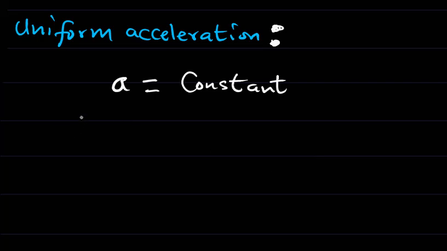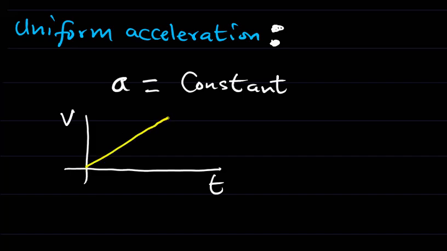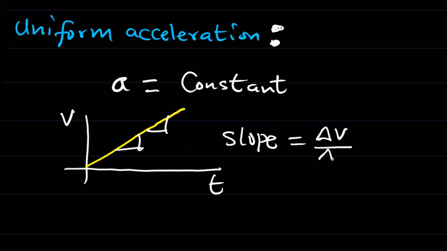So I can actually draw a graph to illustrate that. If this is velocity and this is time, then drawing the graph of velocity against time, I'm going to have a straight line graph. This straight line graph describes uniform acceleration because at any time in this journey, the acceleration, being the slope of this graph, which is the change in velocity with respect to time, is constant.